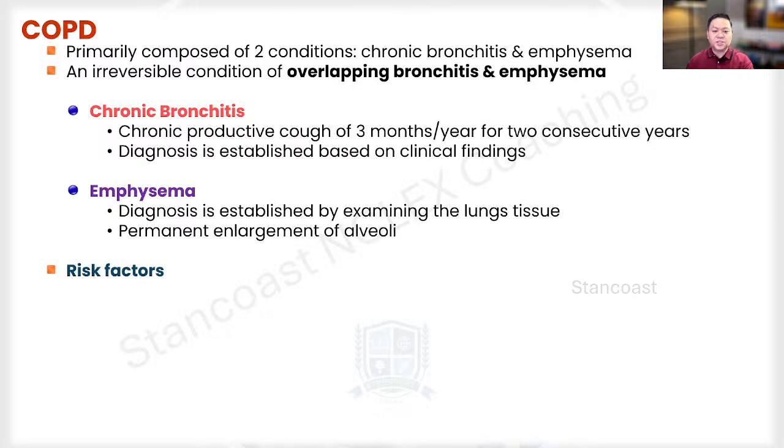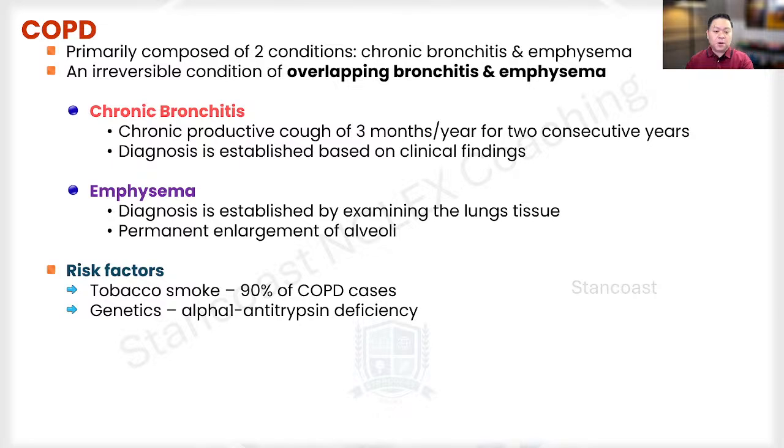Now, let's go into the different factors that can increase the risk of developing COPD. First and foremost, please be reminded that tobacco smoking is the leading cause, and this accounts for nearly 90% of COPD cases. Again, that is tobacco smoke.